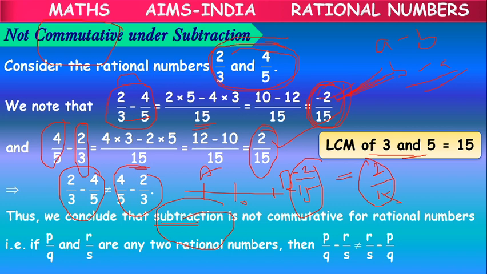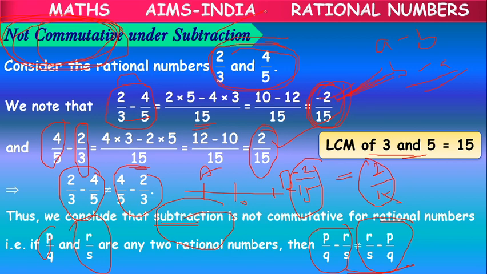So if P by Q and R by S are two rational numbers, then P by Q minus R by S is not equal to R by S minus P by Q, because the order of rational numbers changed in subtraction. That's why they are different. So we can tell they are not commutative. Rational numbers are not commutative under subtraction.